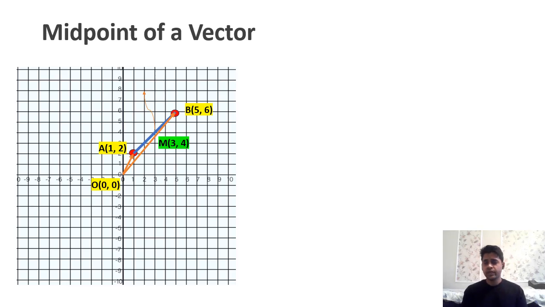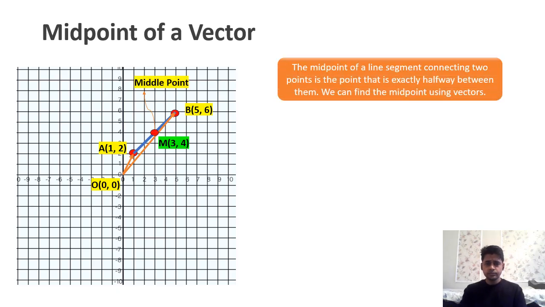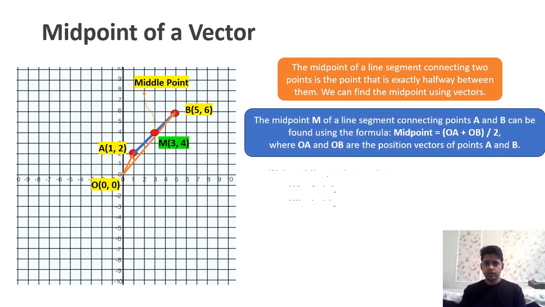What we can do is add these two vectors OA and OB and divide, then we can find the midpoint of the line. Let's see mathematically. OA is 1i plus 2j and OB is 5i plus 6j.